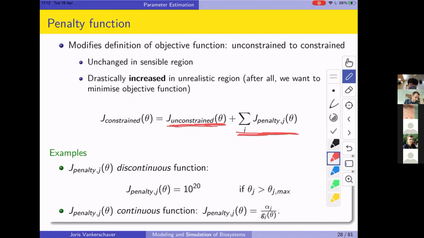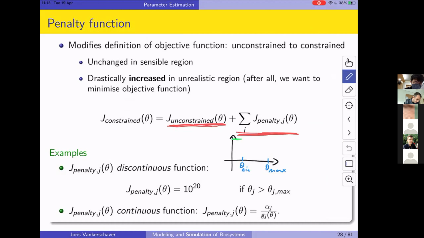So typically what this looks like is, if I just sketch my penalty function, typically you have something like the following, where if this is my theta min and this is my theta max, I have something that is very, very high outside and then drops off really quickly and becomes either 0 or a small constant in this range. And then for theta max, again, it goes off and becomes very, very high. So this is like this value here of the objective function.